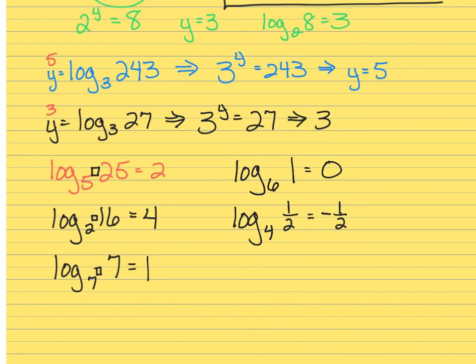Why is that? Let me write this on the side. Because 4 to the negative 1/2 is the same as 1 over 4 to the 1/2, right? That's what negative exponents do. And of course, 4 to the 1/2 is the same as the square root of 4. And 1 over square root of 4 is 1/2. So we have some kind of tricky ones going on there.